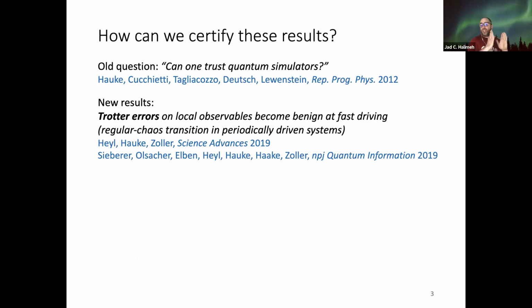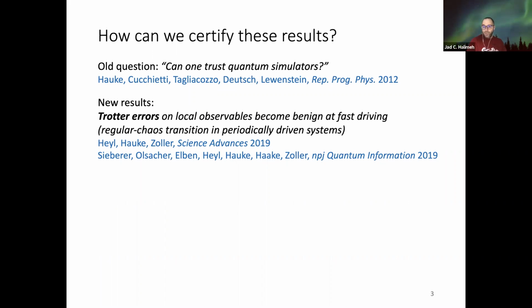So as you know, on a digital quantum computer, you have this Trotterized dynamics, and basically what this paper found is that if your Trotter time step is below a certain upper bound, the long time error of a local observable will always be controlled in that it will scale proportional to the square of your Trotter time step.